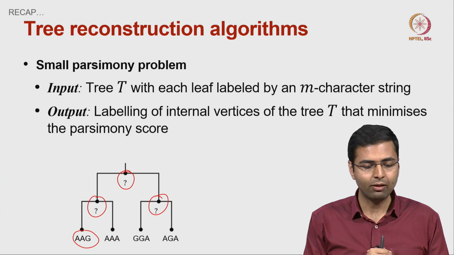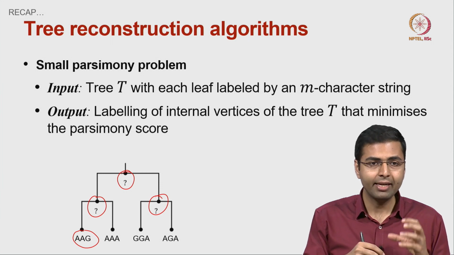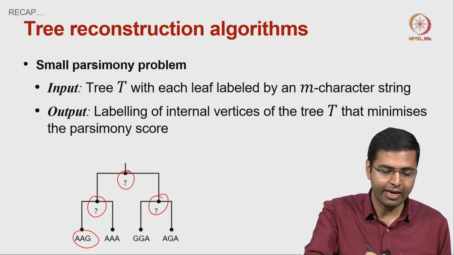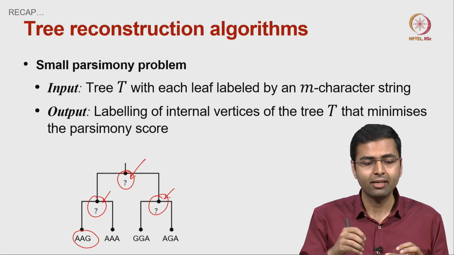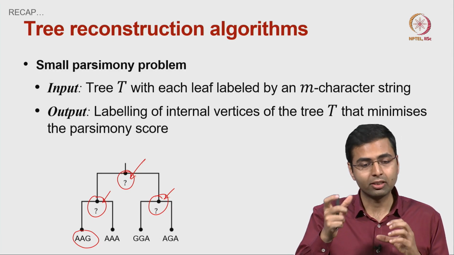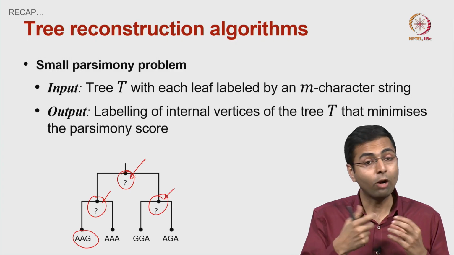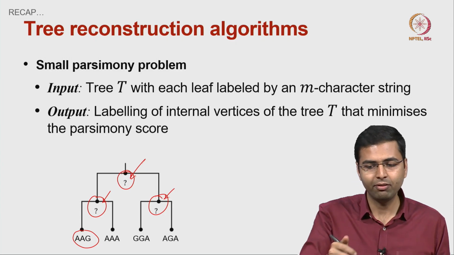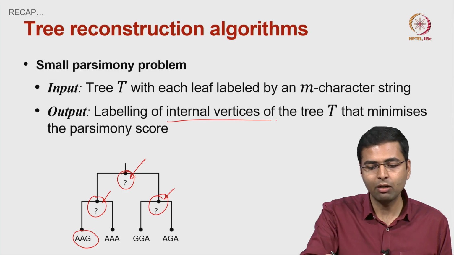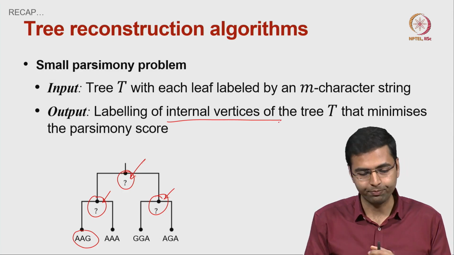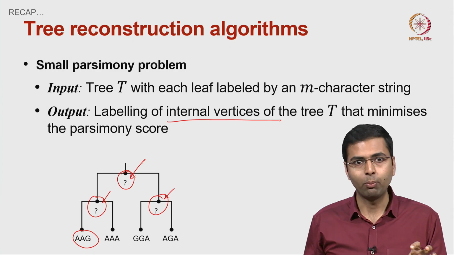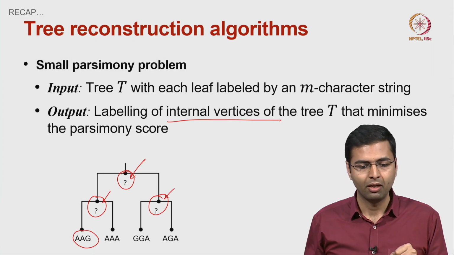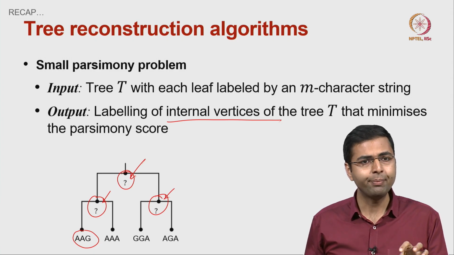That is, we discussed an algorithm where we identified the labels of internal nodes such that the parsimony cost is minimized over all possibilities. We were identifying the labeling of internal vertices that minimizes the parsimony score. Now, we already know an algorithm to solve this problem from our previous lecture. The question is, how do we use this concept in the context of multiple sequence alignment?